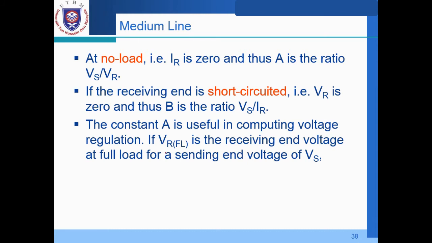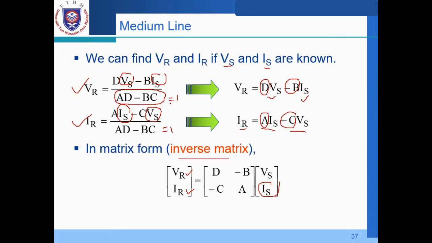Right, then what happens during the no load operation? If the system is run at no load, i.e. IR is 0, this is the condition under no load operation where we have IR equal to 0 ampere. Thus A is the ratio between VS and VR.